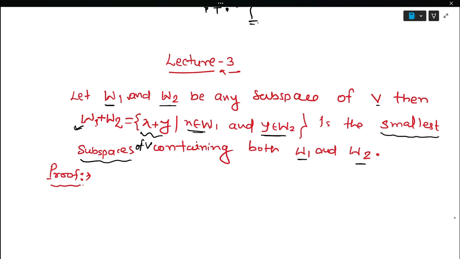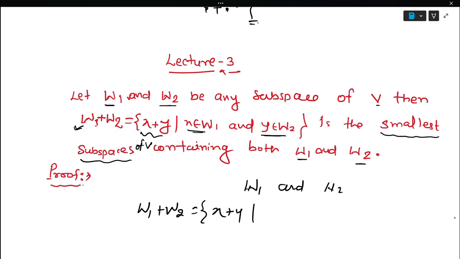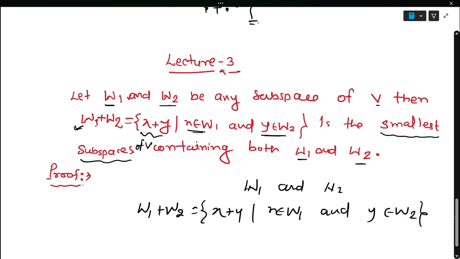So we have two subspaces W1 and W2, and we construct a new subset with the help of W1 and W2, which is x plus y, taking x from the subspace W1 and y from subspace W2.